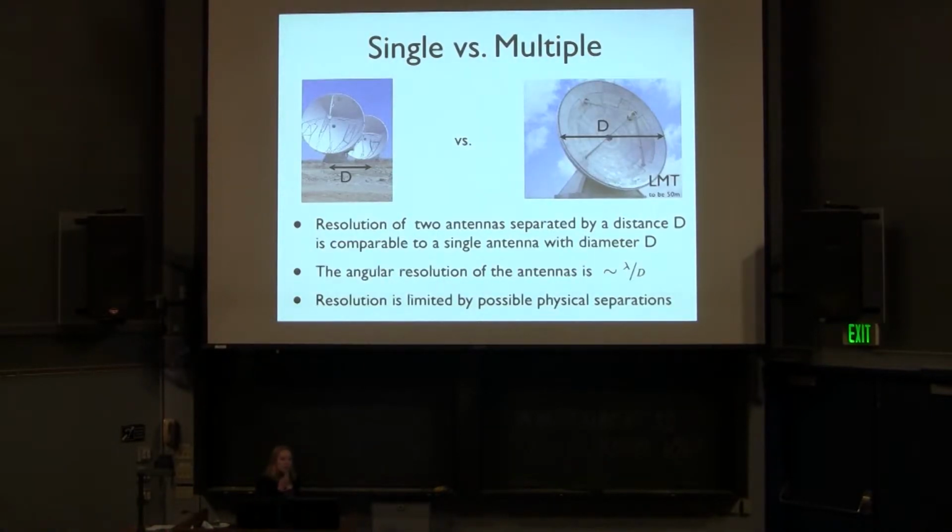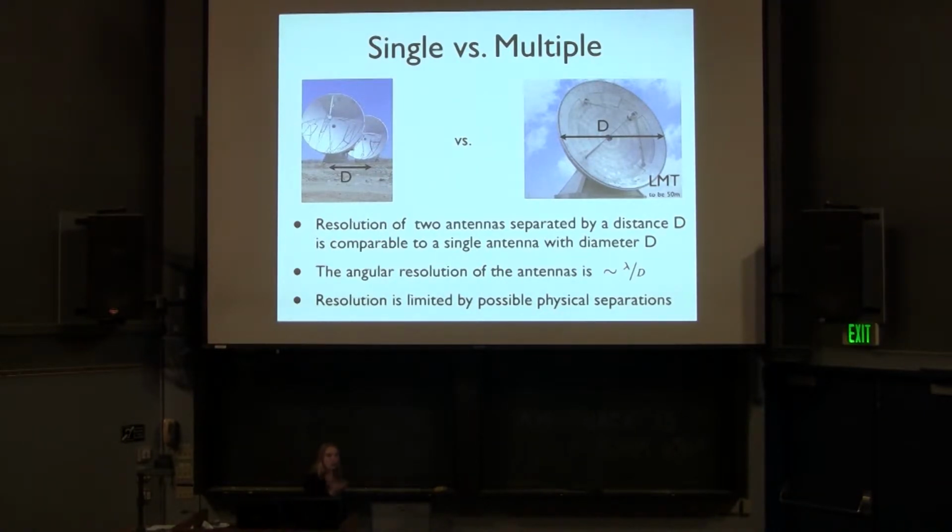Okay, so the old picture in observing was to use a single antenna. In that case, your resolution was simple. Your beam size was related to how big you can make the antenna. So the larger the antenna, the smaller the beam. I think one of the largest planned single dish telescopes is the LMT, which will eventually be 50 meters.